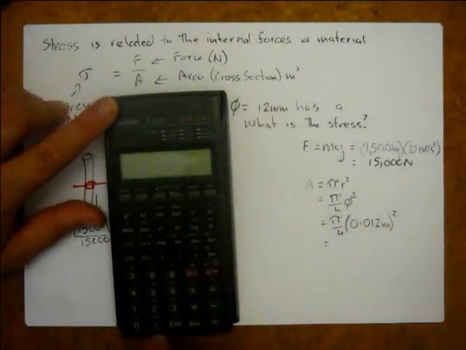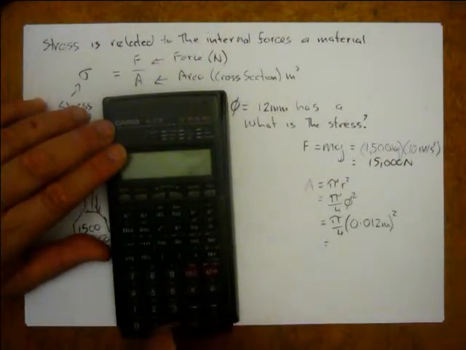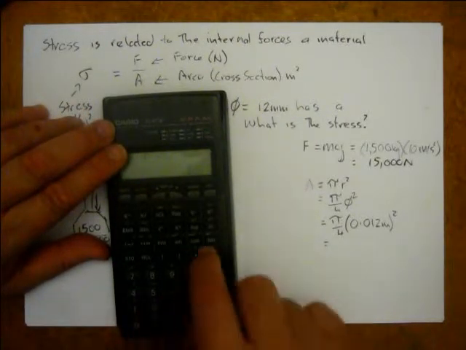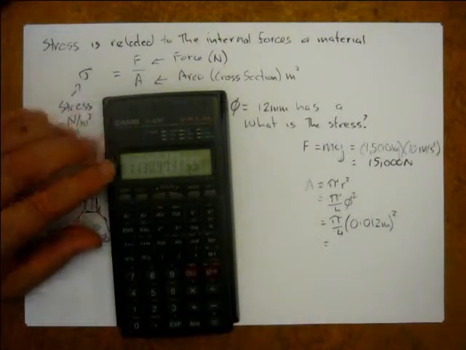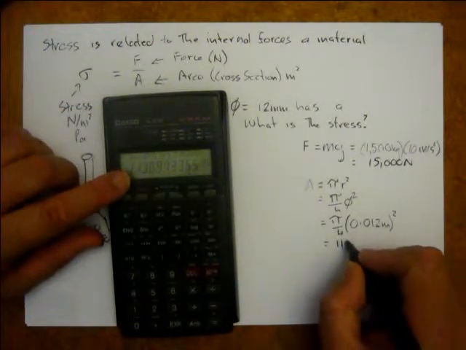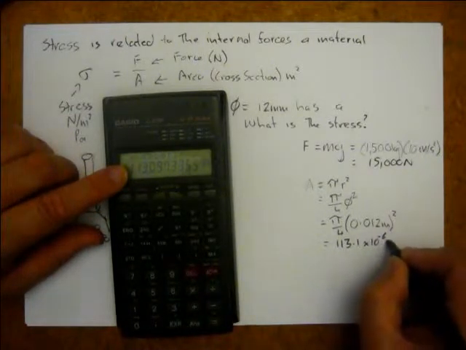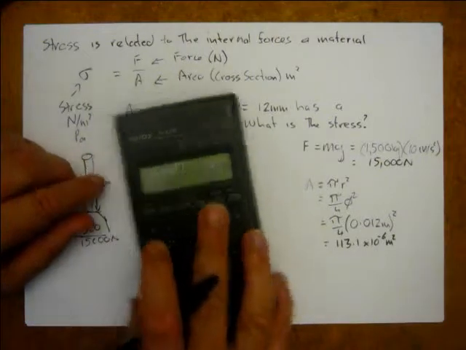Calculator time. Pi divided by 4 times 0.012 squared equals 113.1 times 10 to the negative 6 meters squared.